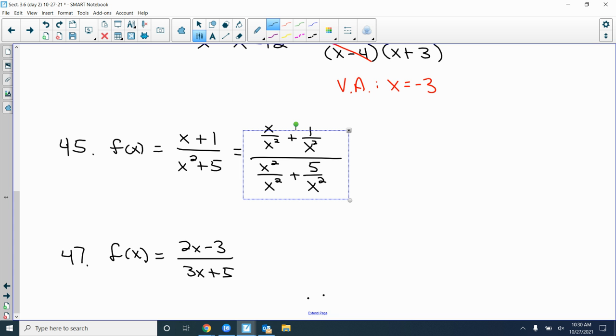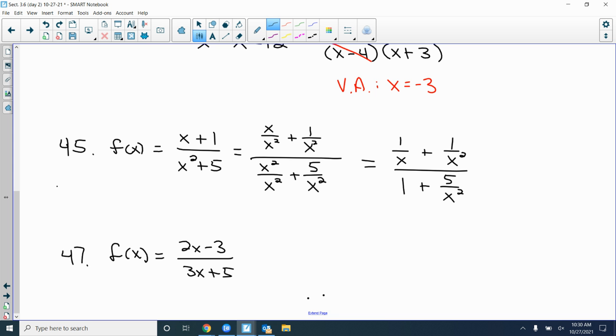So take your highest degree, divide each term by that. Now simplify. x over x squared is 1 over x, plus 1 over x squared. Nothing I can do there. This is x squared over x squared, which is 1, plus 5 over x squared. So we got all that.